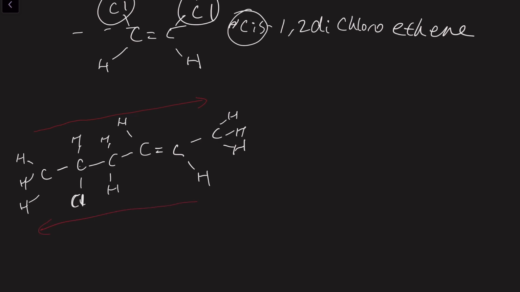Because this will affect the relative position of the double bond and the chloro group. The convention is we prioritize the CC double bond. So we want to make the number in front of the CC double bond as small as possible, so it takes priority.